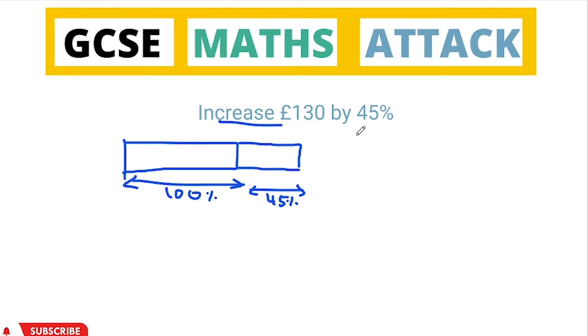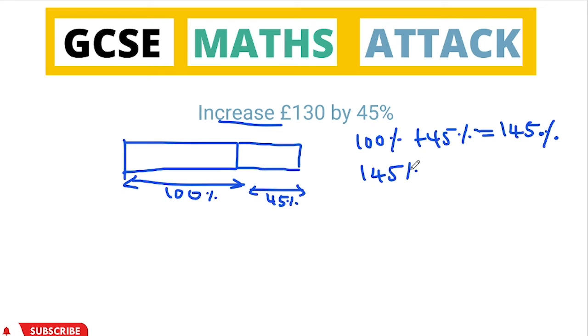So in total, I have 100% plus 45%, which gives me 145%. That's not my multiplier. I need to change 145% into my multiplier, so I divide it by 100 to get a decimal, which is 1.45.